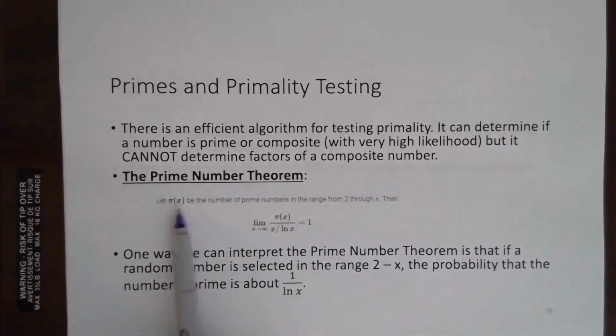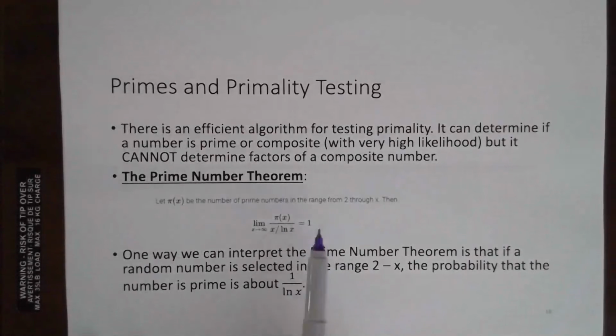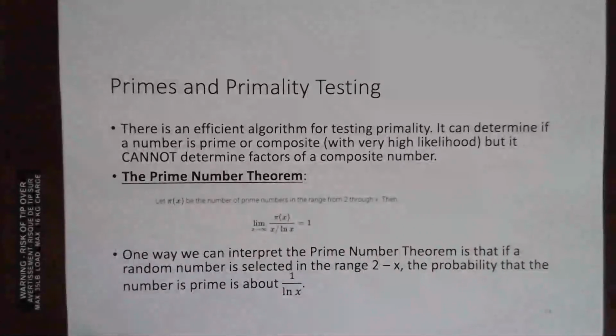That's a pretty large percentage in the first 4 numbers from 2 to x. Okay, but what happens is if x gets larger and larger and larger, the number of prime numbers, pi of x, divided by x over the natural log of x, is going to be 1. So that's what the prime number theorem tells us.